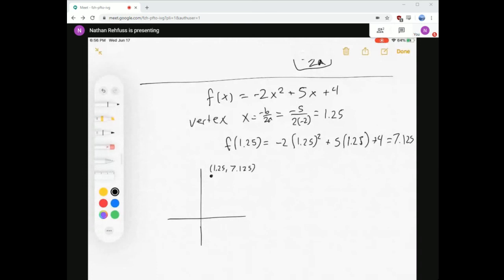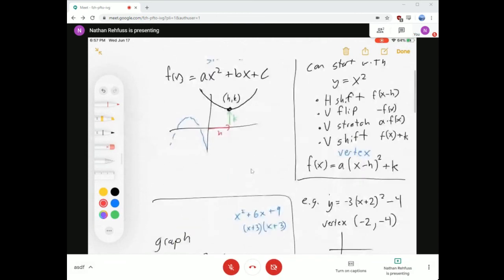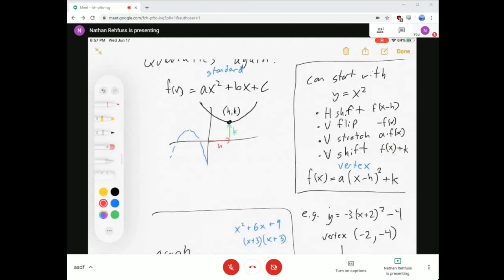But where does the rest of the curve go? Well, that's easy too. This a is the same a whether I write the polynomial in standard form or in vertex form, the reason I used a for both is this a is the same.